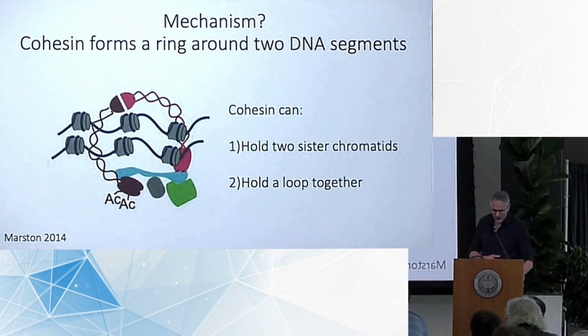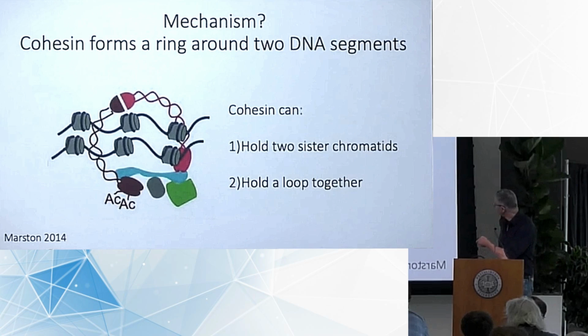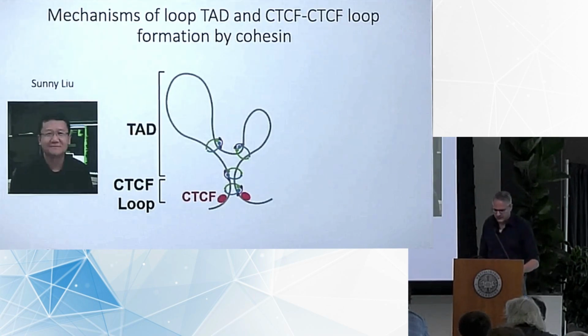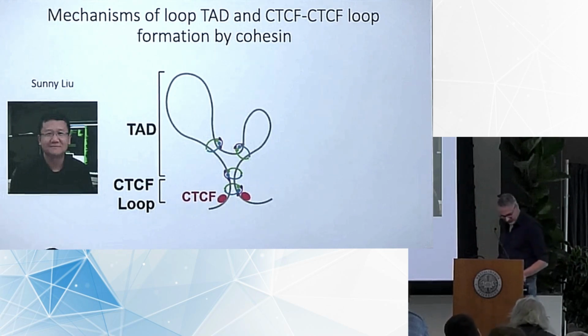So we were inspired by a beautiful experiment several years ago from the Wendt lab, where they tested this idea of cohesin being a ring and topologically embracing DNA, and whether that ring formation was essential for chromosome folding. And the idea was implemented in another system by Sunny Liu, a postdoc in the lab at the time.